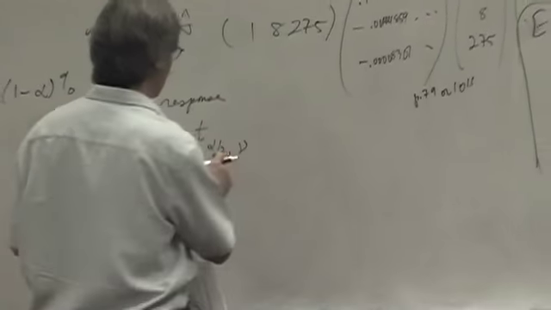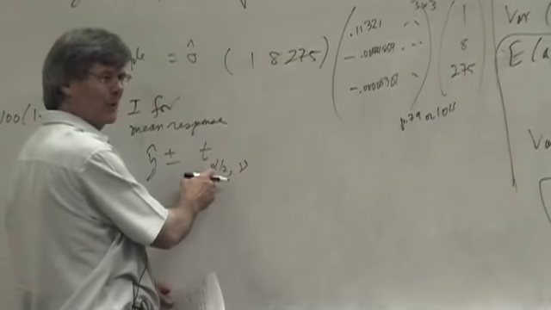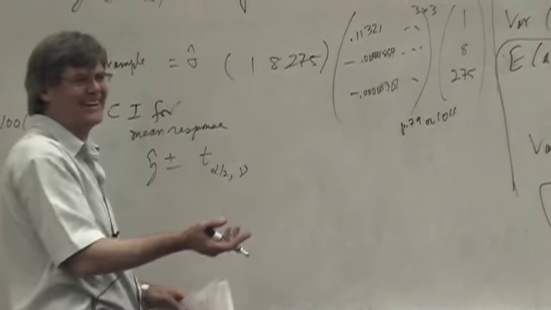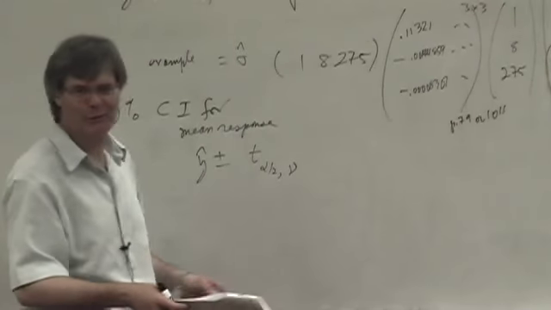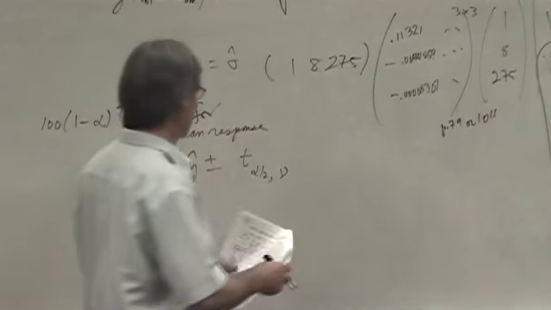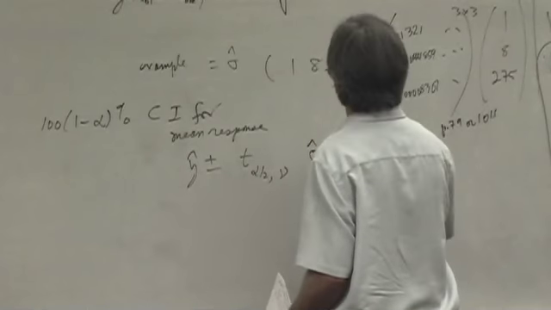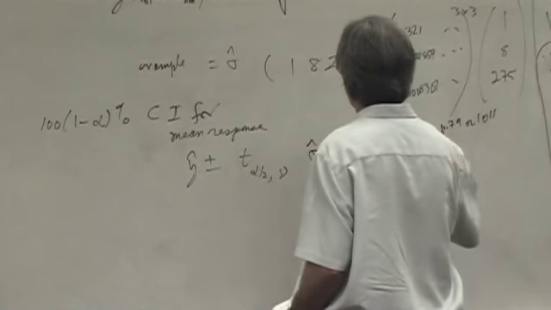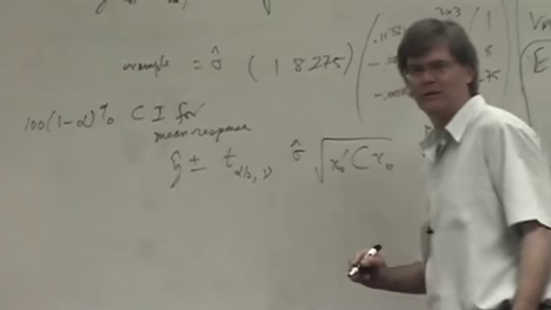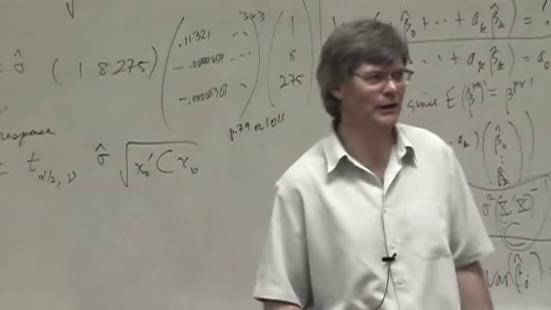I can't remember; in one text they put the degrees of freedom before the alpha over 2, and in this one they put the alpha over 2 before the nu. In this text he puts the alpha over 2 first. It just depends on the author. Times sigma hat times the square root of x0 prime C x0. So this is your 100 percent interval. And then you could also do a prediction interval. He doesn't even bother with it here.